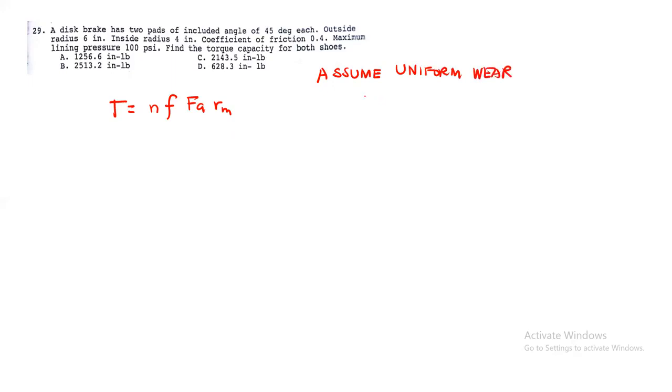The mean radius is outside plus inside over 2. Then the area is equal to pi times the inside diameter times the thickness. Let us substitute.